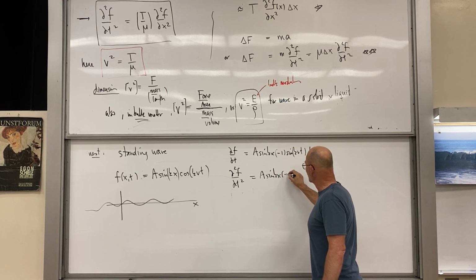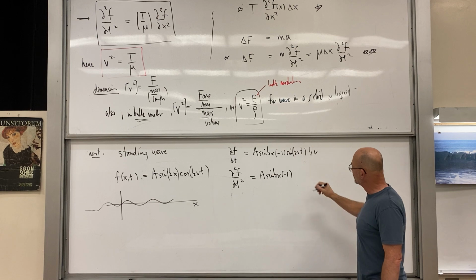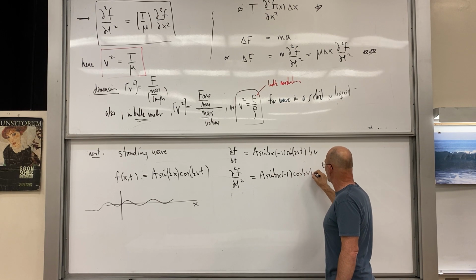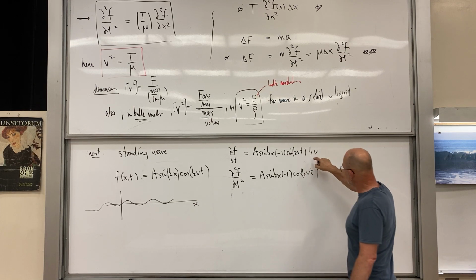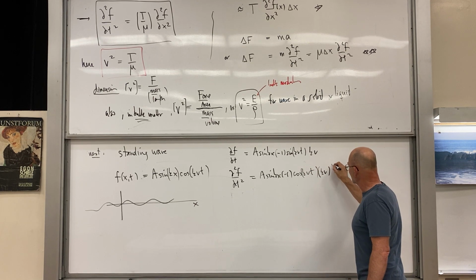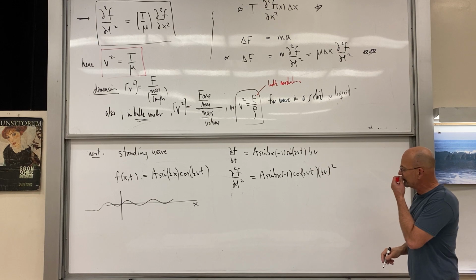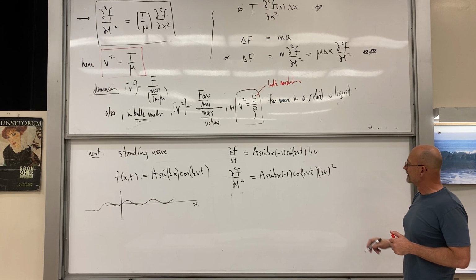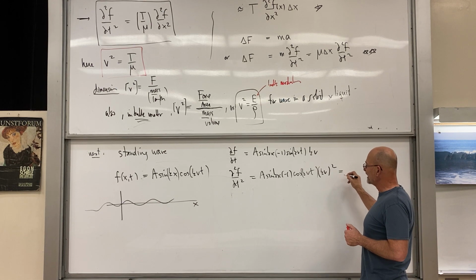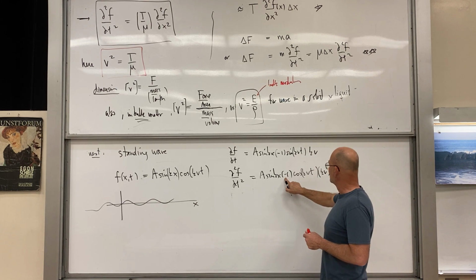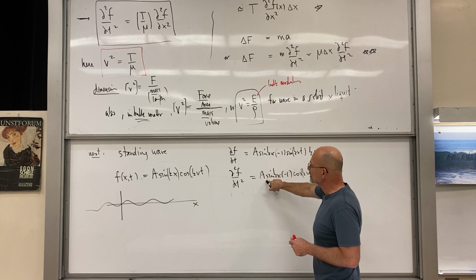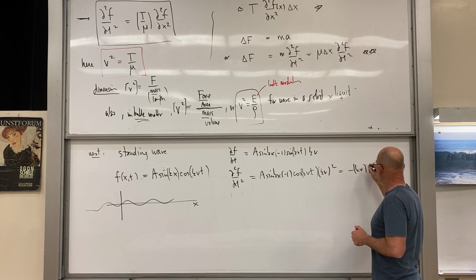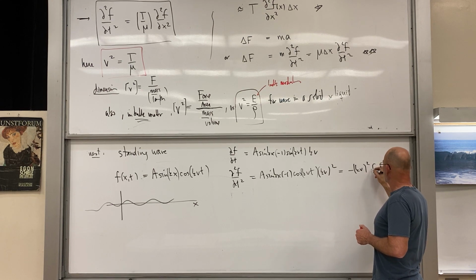We've already got the -1 here, and then we'll get the cosine kvt, and kv comes out again, so that's squared. So that equals minus, and then our original function f, so equals minus kv squared f.